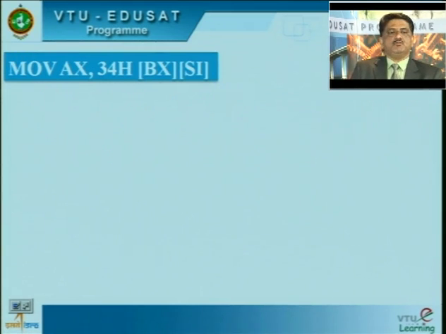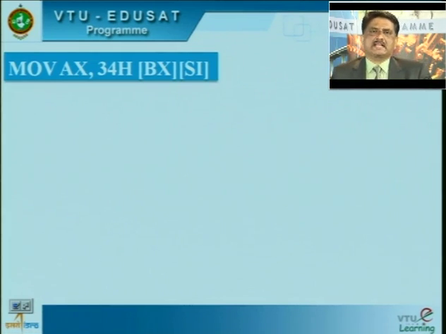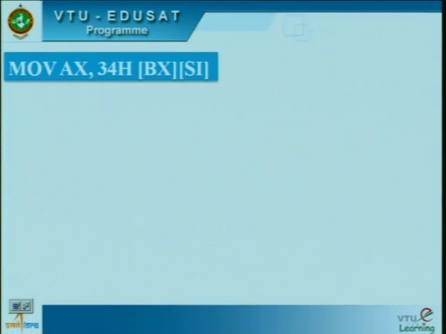Another instruction, MOV AX, 34H[BX][SI], contents of BX and contents of SI. Now, the first question that comes to your mind is, sir, we already know how to access data from memory. In the previous instruction, MOV AX, [BX], BX is pointing to some memory location, and the content of that memory location is copied onto AX.